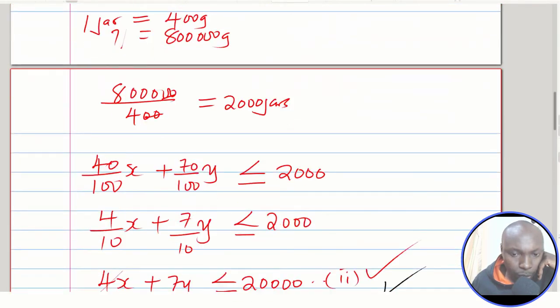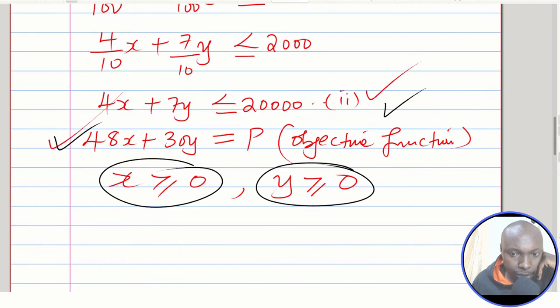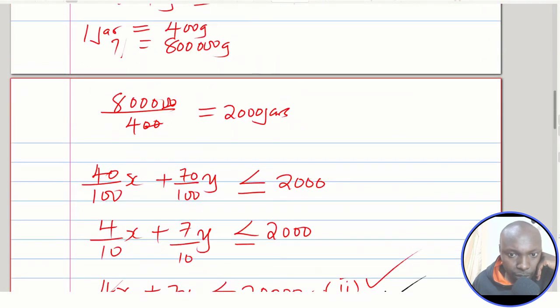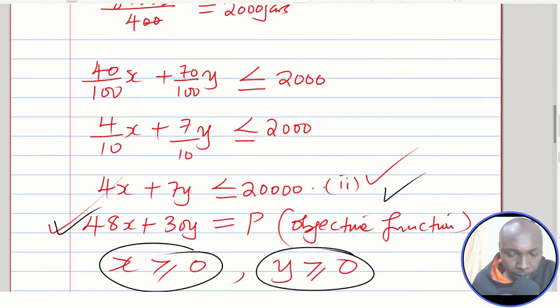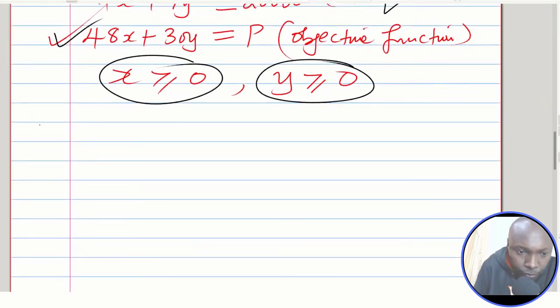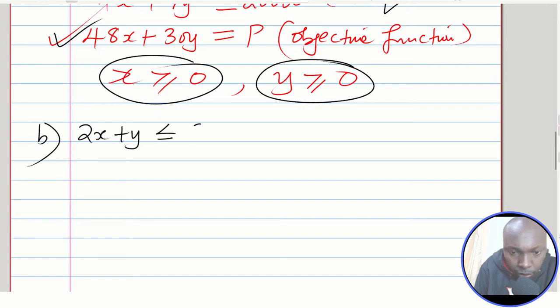So what are we going to use to draw the inequalities? The first one is 2x plus y is less than or equal to 6,000. That is the first one.